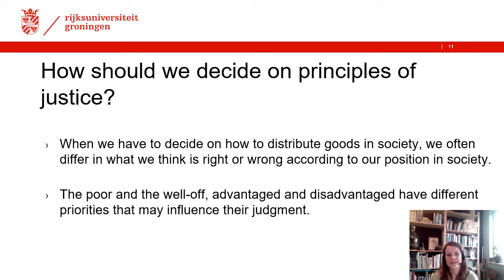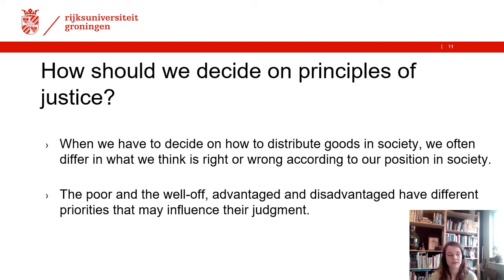When we have to decide on how to distribute goods in society, we often differ in what we think is right or wrong according to our position in society. You might be poor, you might be very well off, you might be advantaged or disadvantaged in terms of your physical abilities or in luck in life.